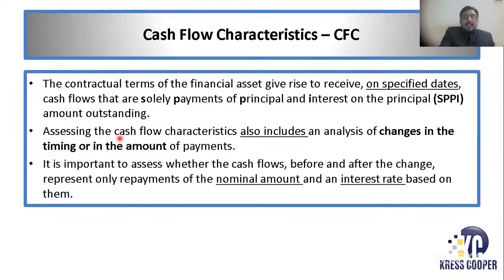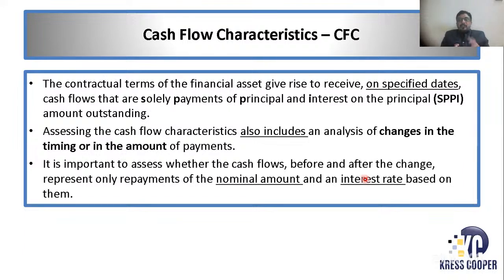So assessing the cash flow characteristics also includes an analysis of changes in the timing or in the amount of the payment. Yes, it can be there, but a timing and amount change doesn't mean that the SPPI is not there. It is important to assess whether the cash flows before and after the change represent only the repayments of the nominal amount and the interest.